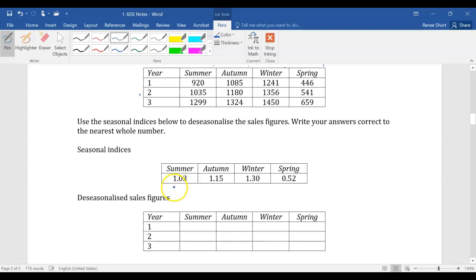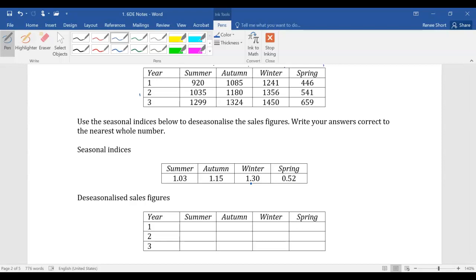For each season, we've got seasonal indices. For summer, the seasonal index is 1.03. For autumn, it's 1.15. For winter, it's 1.3. And spring, it's 0.52. What these indices are saying is that in winter, Mickey's sales are 30% more than the average, so deseasonalizing those figures is going to counterbalance that increase.